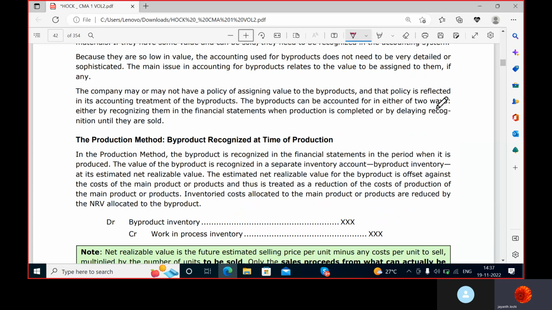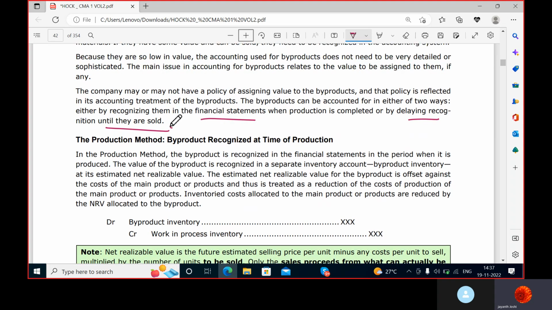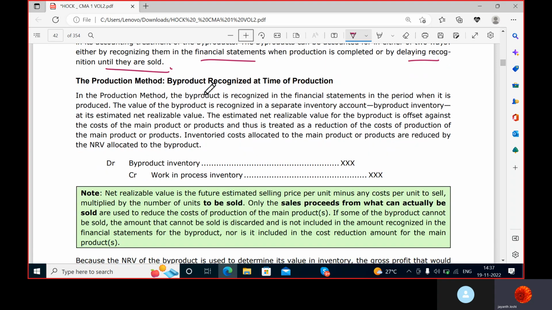The byproducts can be accounted for in two ways: either by recognizing them in the financial statements when production is completed, or by delaying recognition until they are sold. Either you put it in the financial statements and give them a status, or you delay their status. So production method: byproduct recognized at time of production. In the production method, the byproduct is recognized in the financial statements in the period when it is produced.